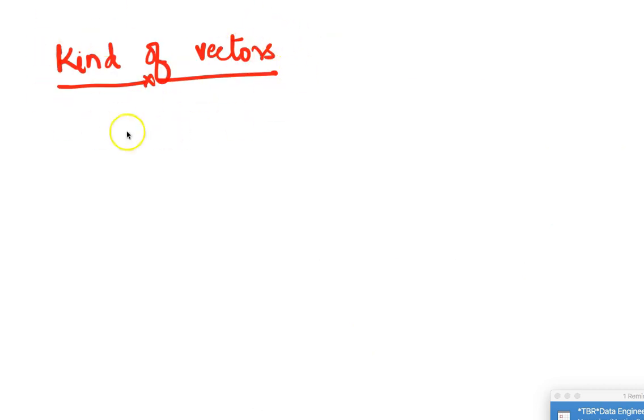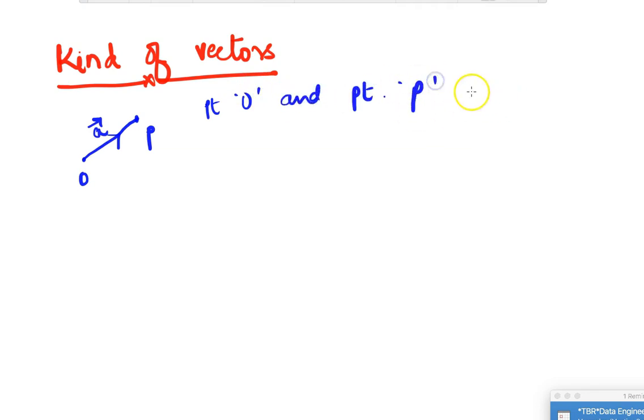Kinds of vectors. So let's say you have point O, point P, and vector A with the length of OP equal to A. What if point O and point P are the same? That implies mod of OP vector equals 0, right?